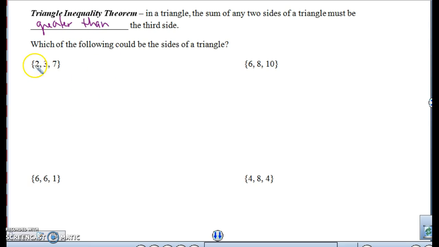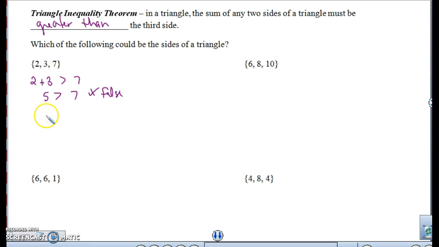Well, let's see, we have 2, 3, and 7. Now, when you're using the triangle inequality theorem, it has to work for all the sides of a triangle. If even one pair of sides doesn't work, then this will not be a triangle. So, if I take my first two sides, 2 plus 3, they should be greater than 7. Is that true? Is 5 greater than 7? No, that's false.